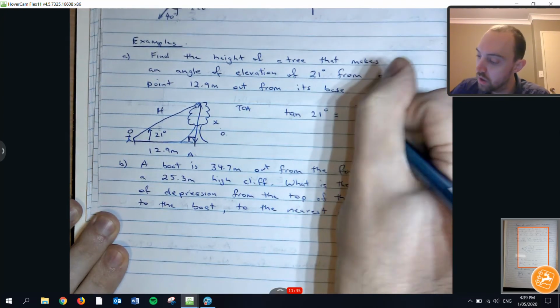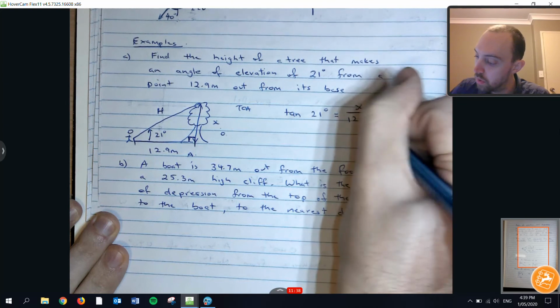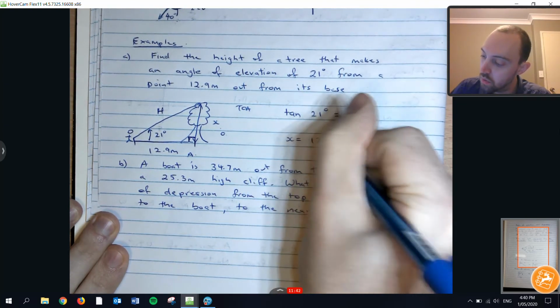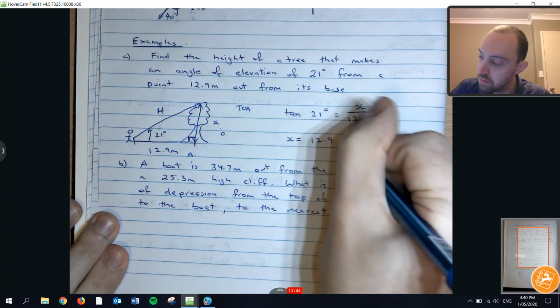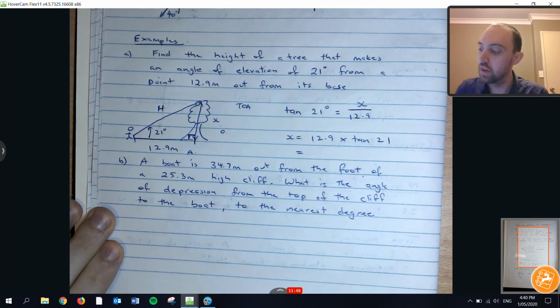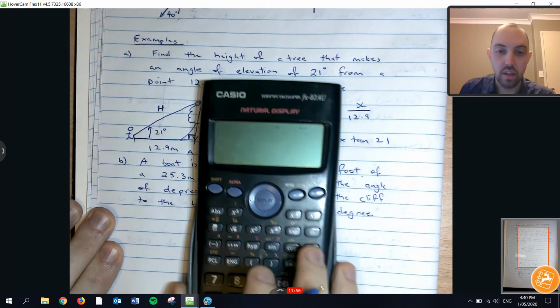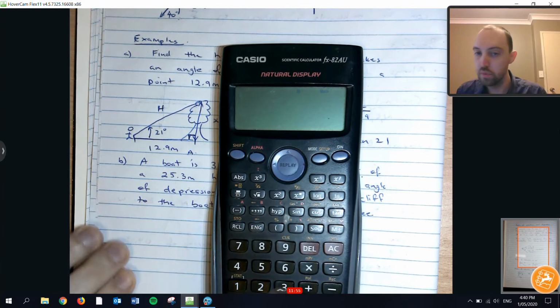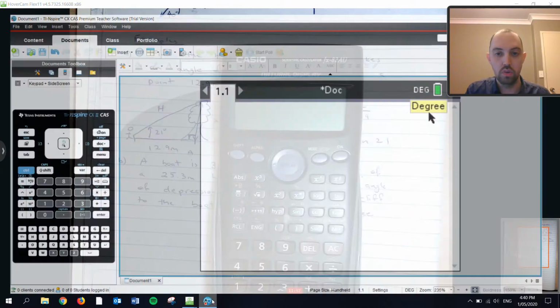is equal to x on 12.9. So x is equal to 12.9 times by tan 21. Go to your calculator, still check that it's in degrees. It's not the brightest calculator, I might switch to this instead.